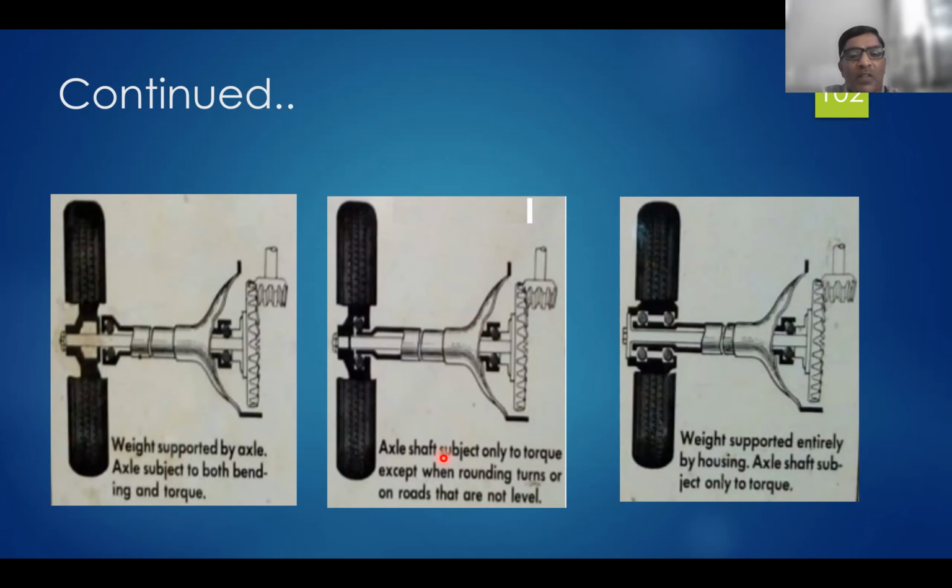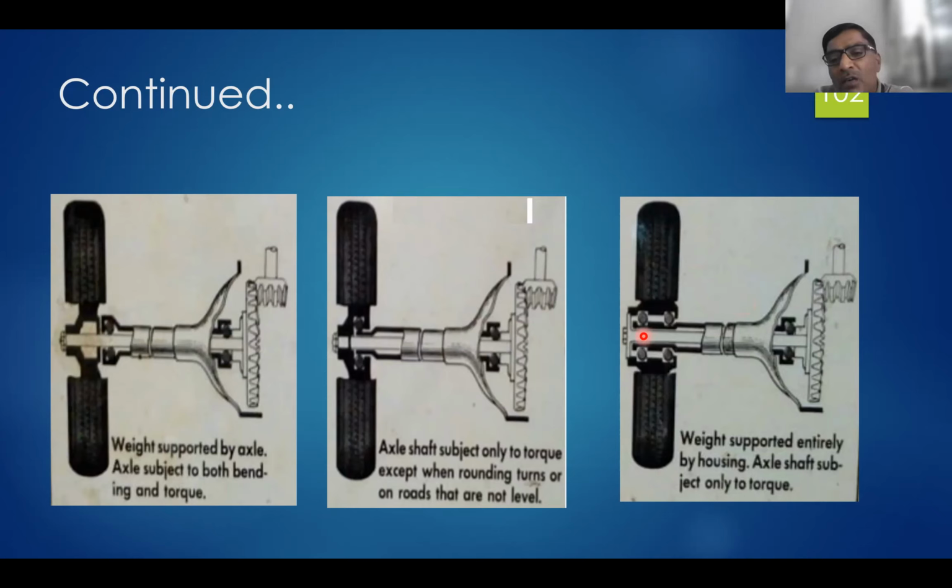Here you can see axle shaft subjected only to torque, except when rounding the turns or on roads that are not level. So whenever road is having irregularities, at that time it is subjected to the road load, otherwise it is subjected to the torque.